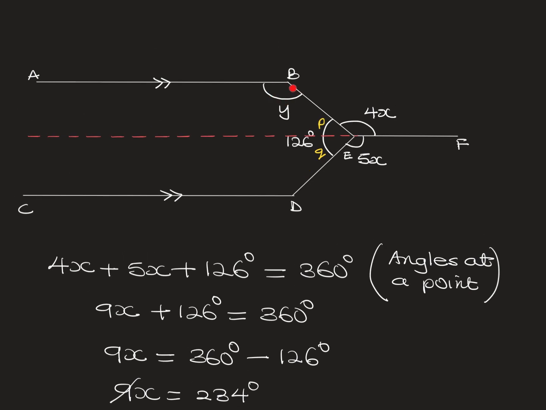So how do we find angle Y? You can remember, if you have two parallel lines, so let's say you have an angle here and an angle here, these two angles are co-interior angles, and that is the situation that we have here. Y and P will add up to 180 degrees because they are co-interior angles.